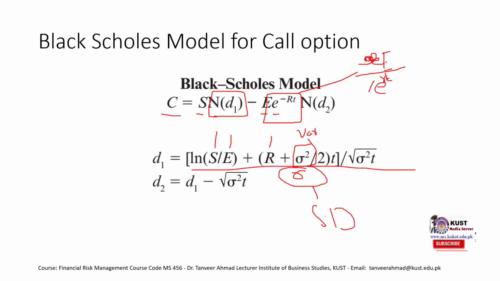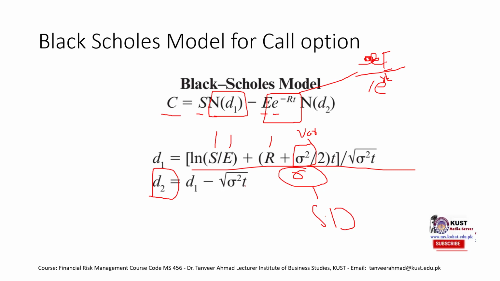So in this formula there is a sigma square, which stands for variance, divided by 2, this whole multiplied by the time period, the whole divided by the square root of sigma square into t. When we determine d1, we would use d1 to find the value of d2: d1 minus the square root of sigma square into t. This would give us d2.